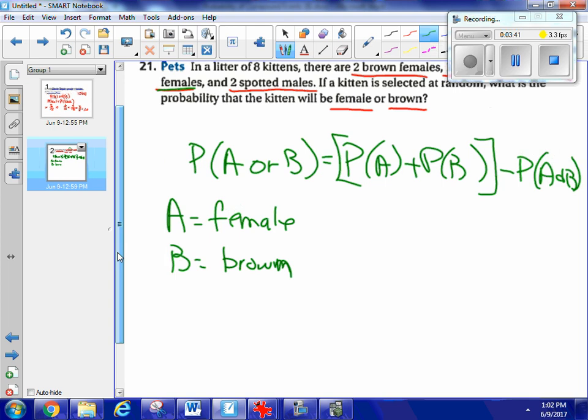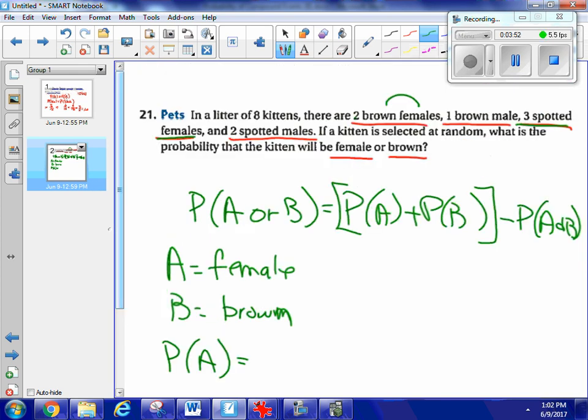So what is my probability that one of the kittens is female? Well, it looks to me like I have how many total kittens? 2, 3, 4, 5, 6, 7, 8. I have 8 kittens total. And brown kittens, I have 2 females and 1 male that are brown. So I have 3 that are brown.